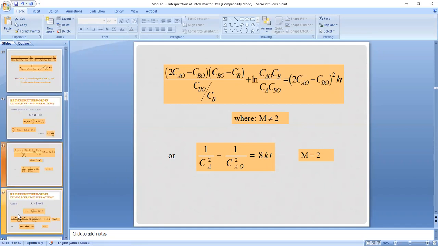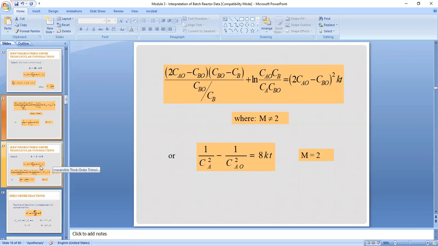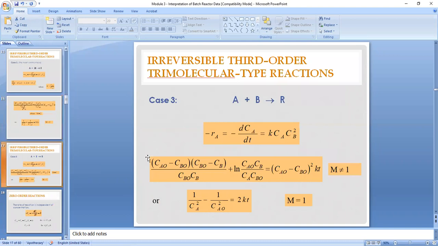Now, the last case is case 3, similar to the second order bimolecular type of reaction, and it's like this. Looking at it, it's never elementary because you only have 2 species here with 1 mole for each. If this were elementary, the rate should be k C sub A times C sub B only.